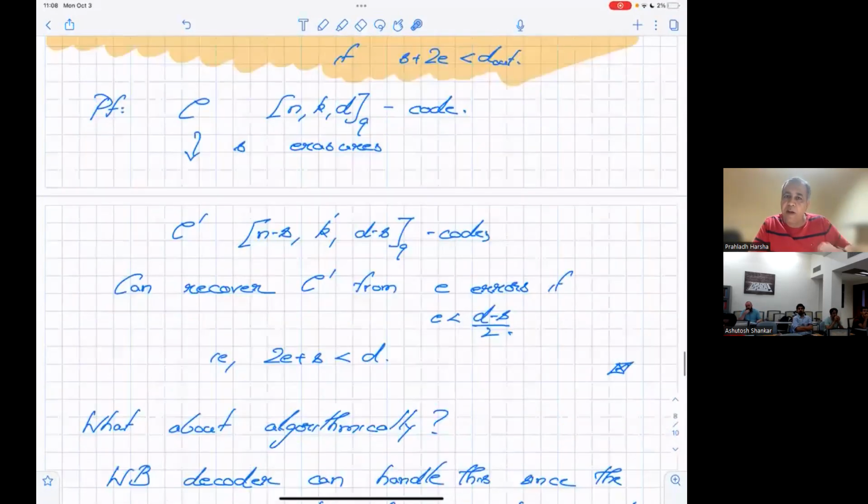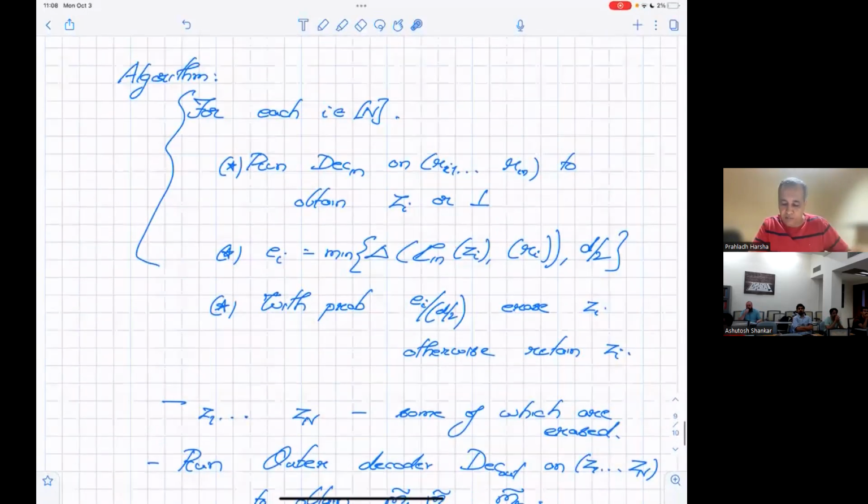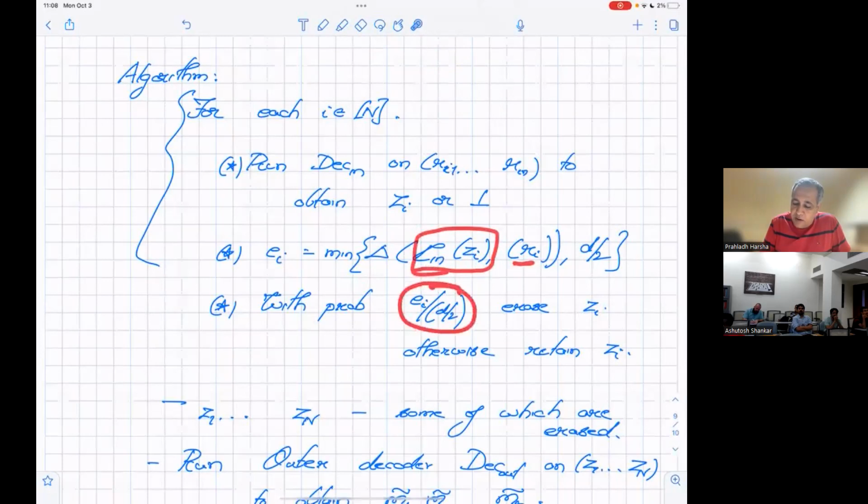Therefore, it's going to come up with some confidence metric. It's going to look at the distance between the decoded location and what was there in it, and divide that by d by 2. If this quantity is closer to 1, it's going to erase that location completely.